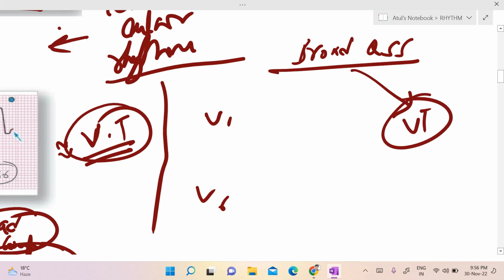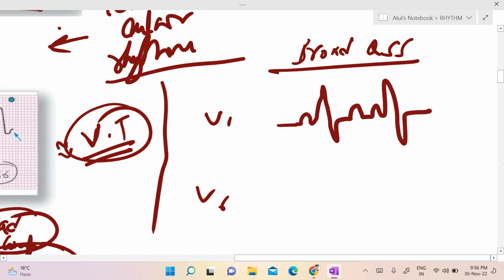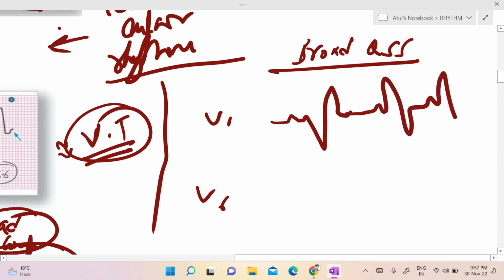If this patient having bundle branch block develops tachycardia, it will look like this. Let's suppose we don't draw T waves. This is a P wave, and this is a broad complex, then another P wave, then another broad complex, then P wave, then broad complex.